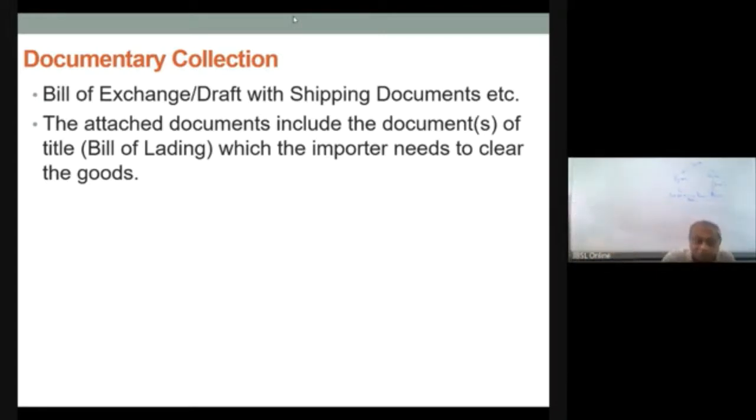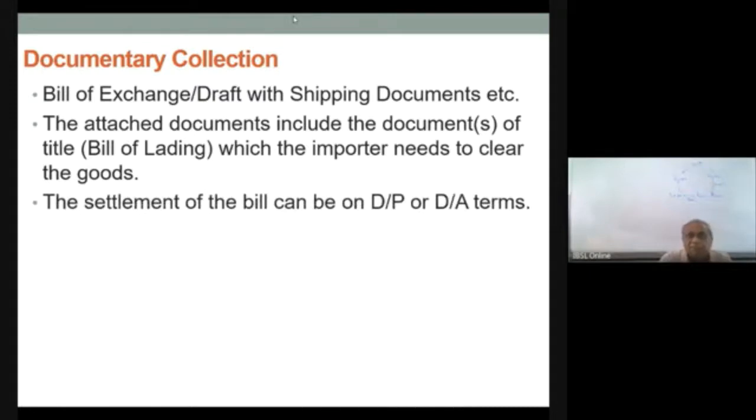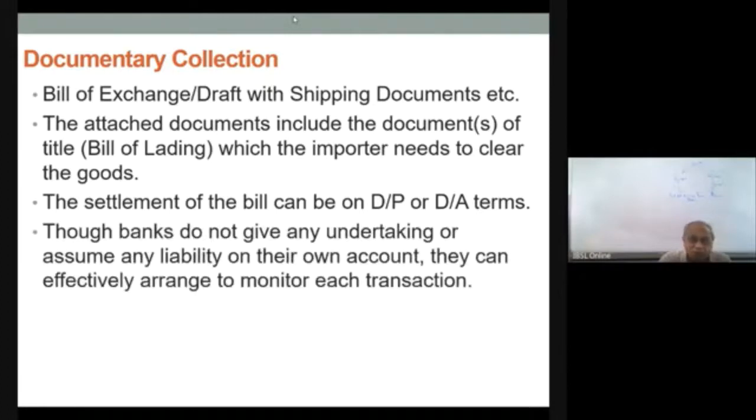Then the settlement of the bill can be on DP or DA terms. DP means documents against payment, and DA, documents against acceptance. Though banks do not give any undertaking or assume any liability on their own account, they can effectively arrange to monitor each transaction.